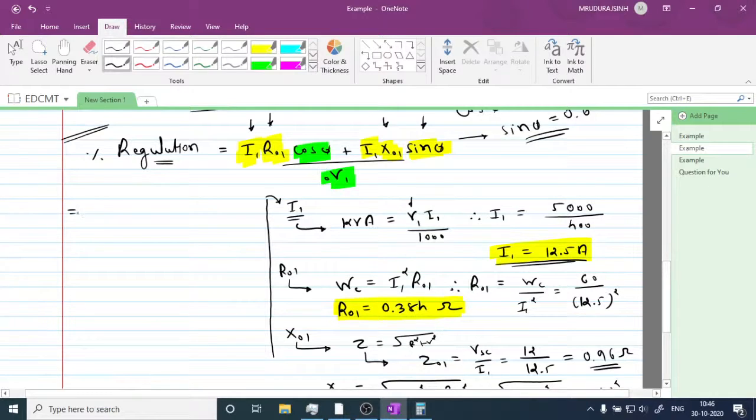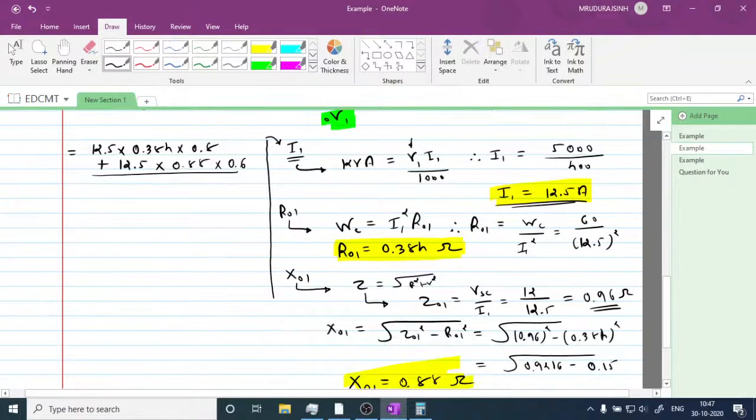The current is 12.5 ampere. 12.5 multiplied by R01, that is 0.384, multiplied by 0.8, plus 12.5 multiplied by X01, that is 0.88, and sine phi is 0.6, divided by the primary voltage, and that is 400 volts.